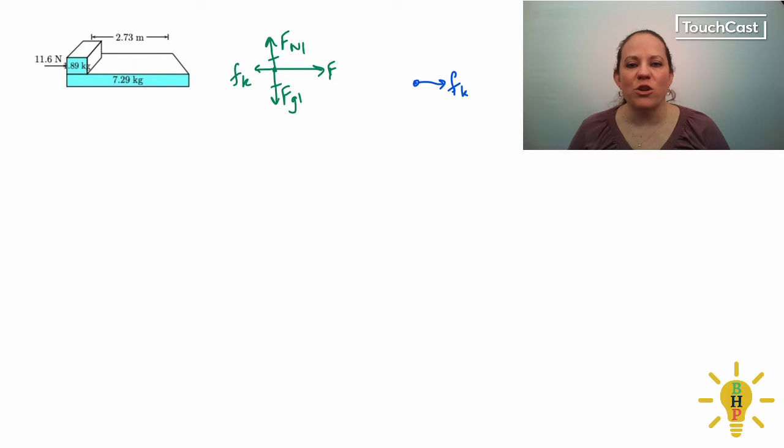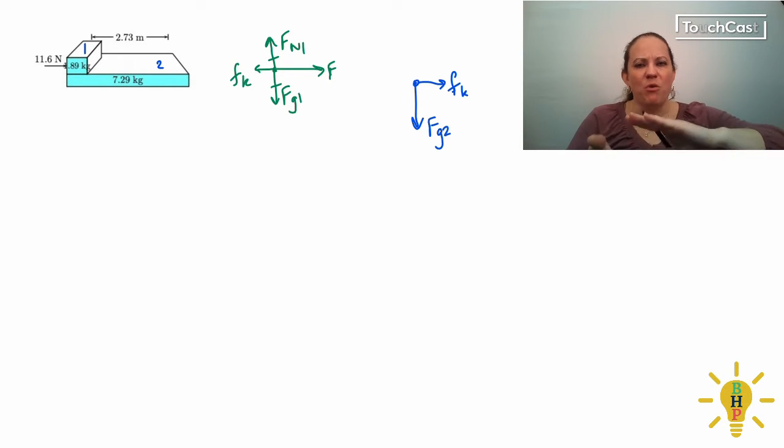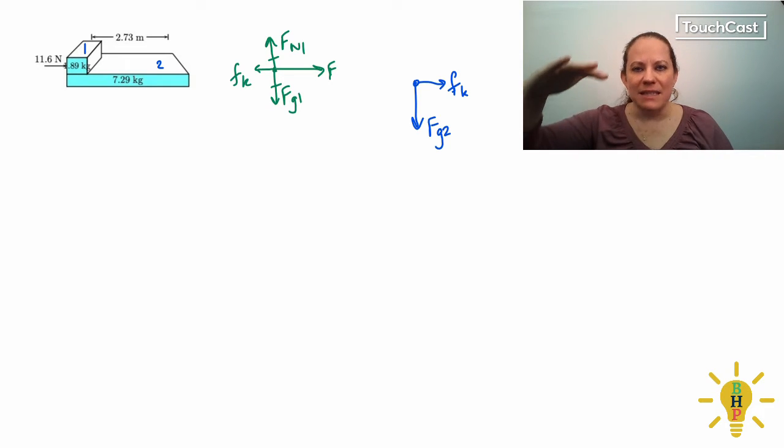And then this larger block is going to, of course, experience a gravitational pull. Oh, I forgot to mention that I'm going to label these block 1 for the smaller block and block 2 for the bigger block. So we have a gravitational force downward on the larger block, but then we're also going to have a normal force downward, because remember, normal force is an interaction between the two surfaces, and so the weight downward of the small block is going to cause that block to press into the lower block.